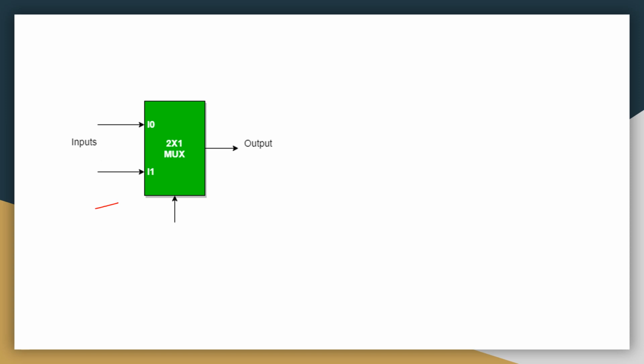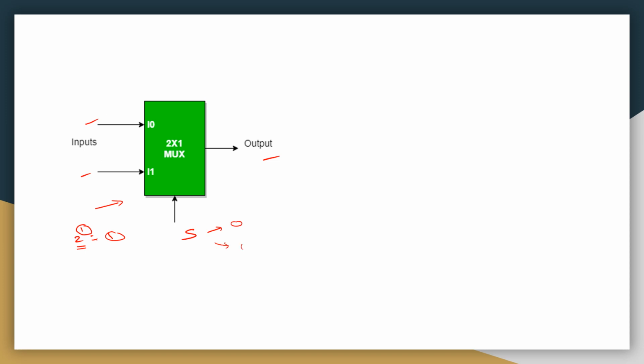In this figure, a 2:1 multiplexer means 2 power 1 to 1, so the number of inputs is 2 and the output is 1, and the number of selection lines is 1. With one selection line, S has two options, either 0 or 1.